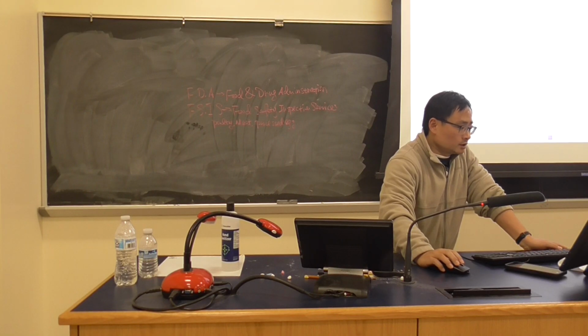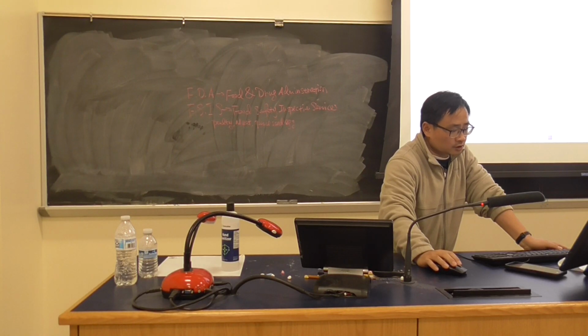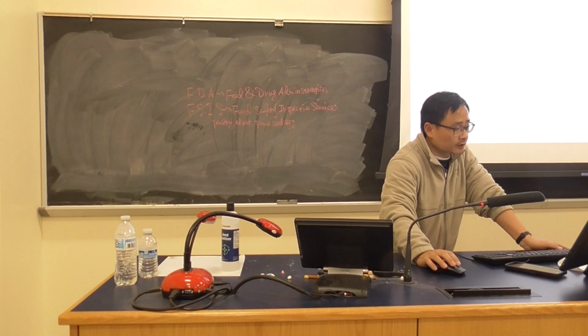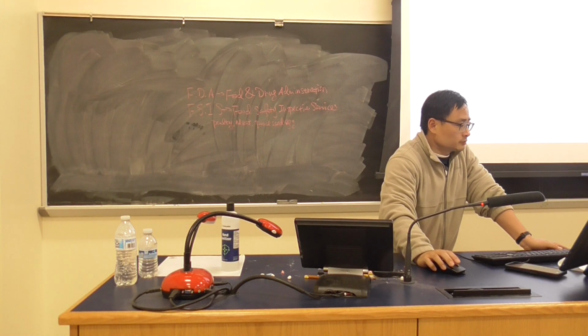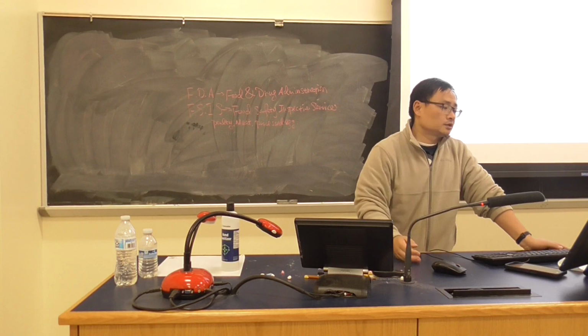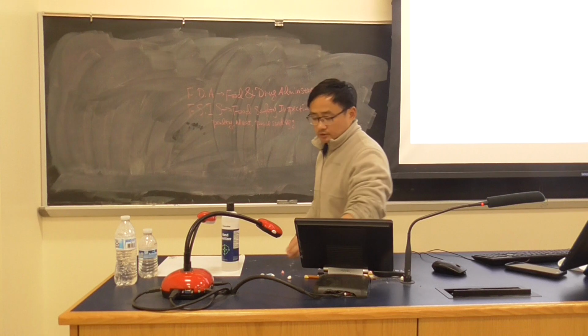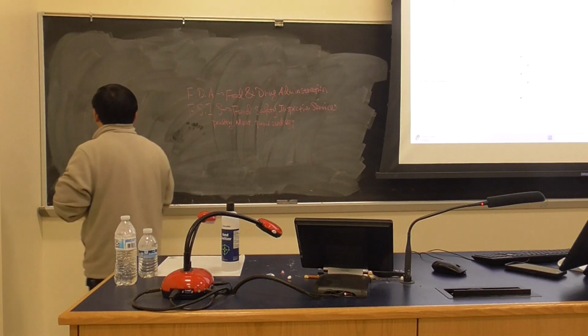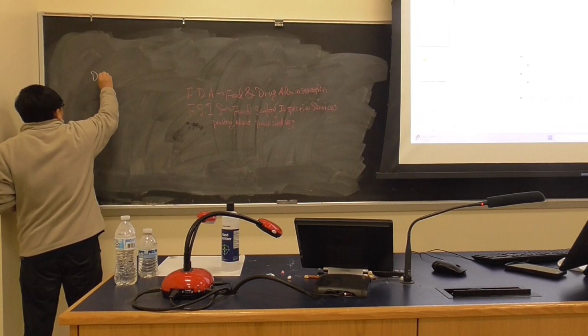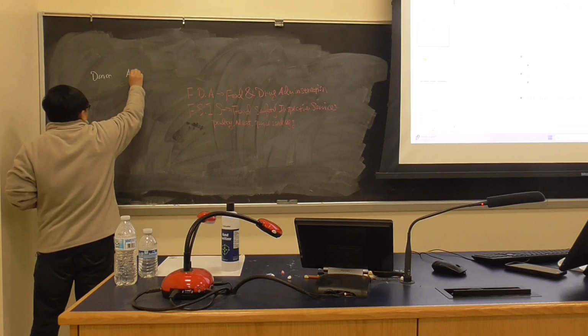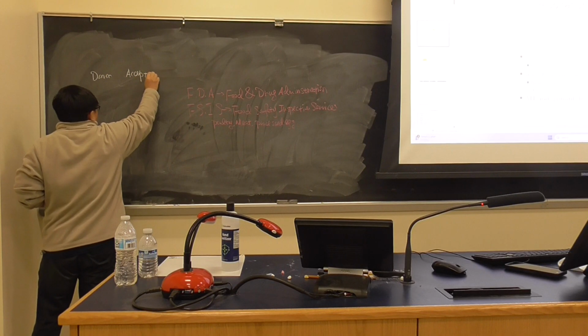Next one. The transfer of electrons and hydrogen by a dehydrogenase to an organic molecule as a terminal electron acceptor is called. The answer you can find is at this slide. But like I said, this is very simple. Electron donor, electron acceptor.